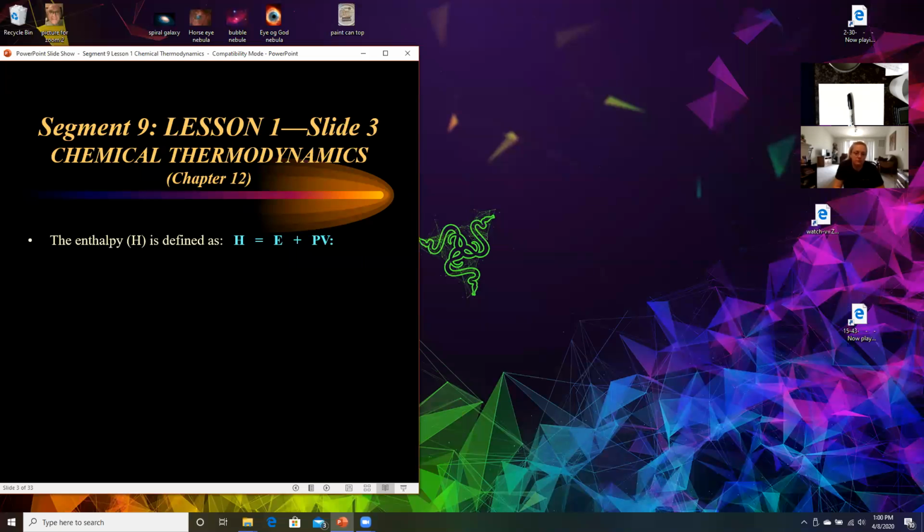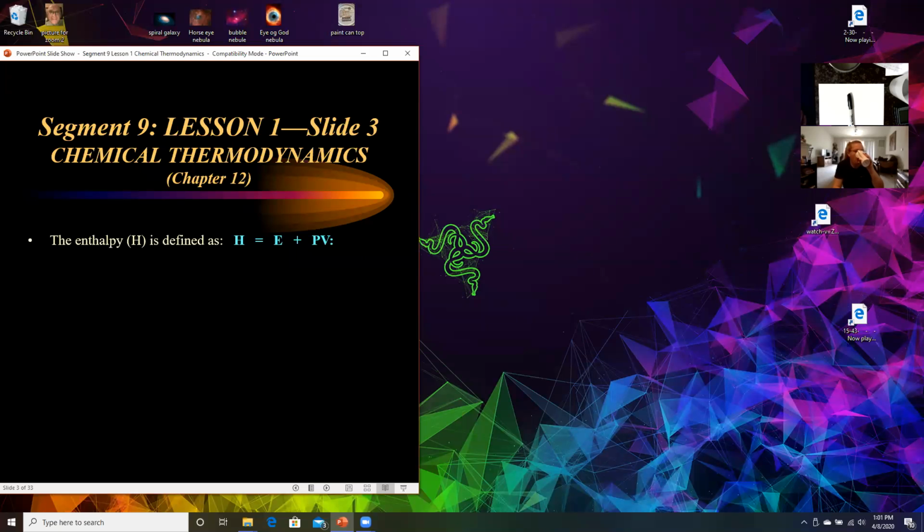That's an intensive variable. So we define the state function H, enthalpy, as the internal energy plus PV. Now this is really, really important for gases because P times delta V, remember, was work or energy. Work and energy have the same units.